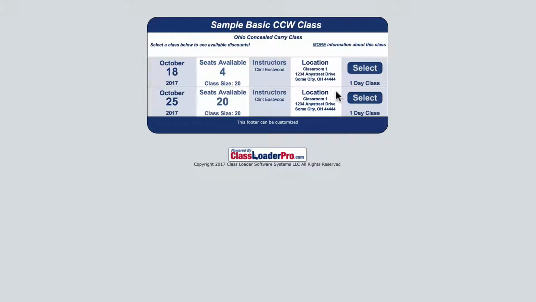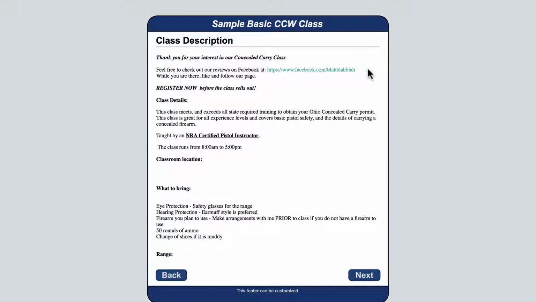So if I'm browsing your classes right now, I didn't want to get too deep into this, but I'll just show you real quick. I can say, I want to take this class on October 18th because it's in the city that I want to take it in, and I like this instructor because I always like Clint Eastwood, and there are 4 seats left, so I'm going to select this class.